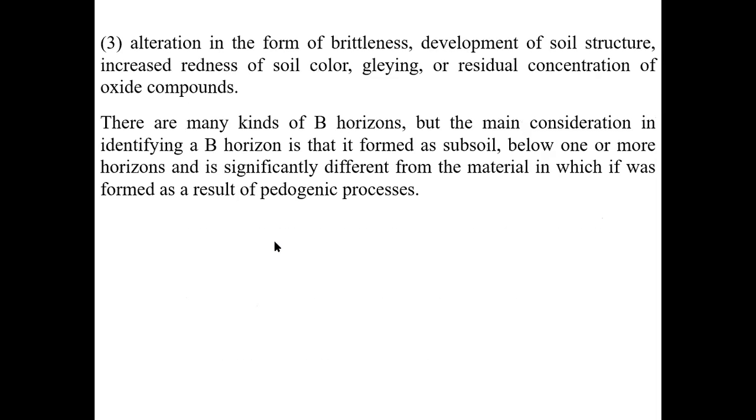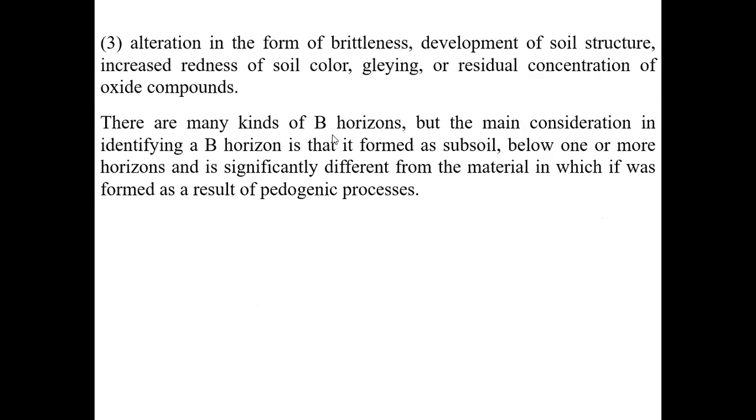Coming to the next, what will happen due to this alteration, students? We can see brittleness, development of soil structure, and sometimes redness of the soil color. Also gleying, especially in submerged conditions, and residual concentration of oxide compounds. Like this, we can see many things.